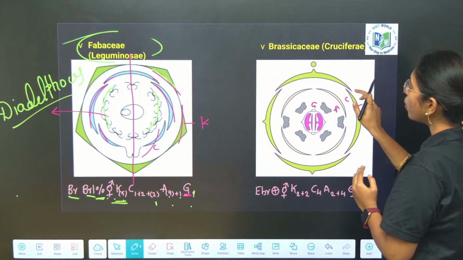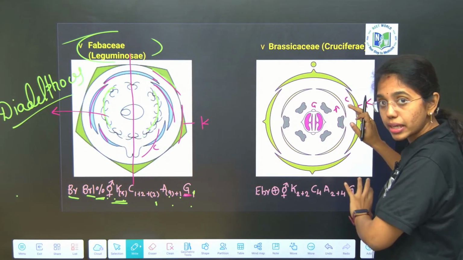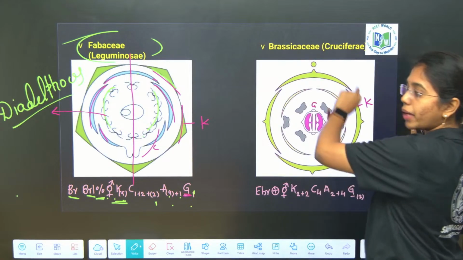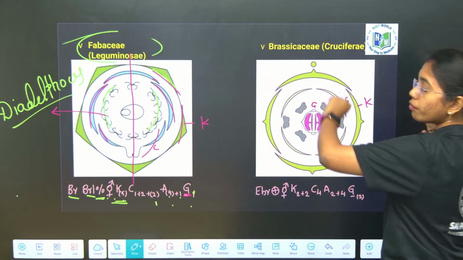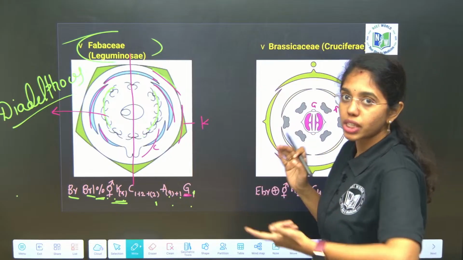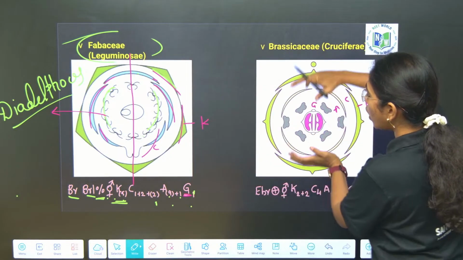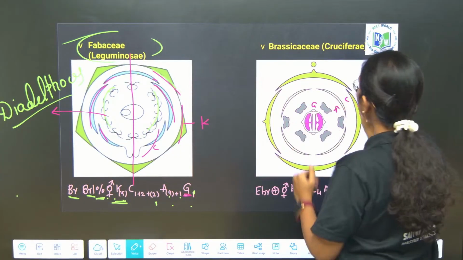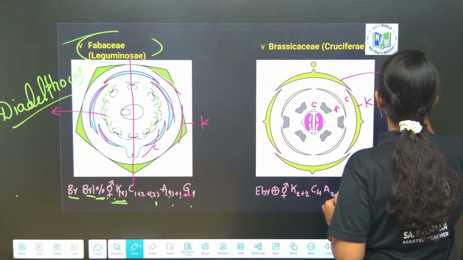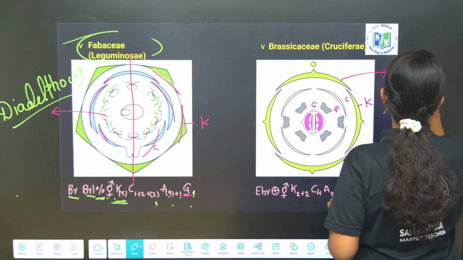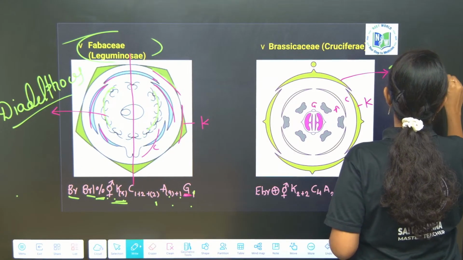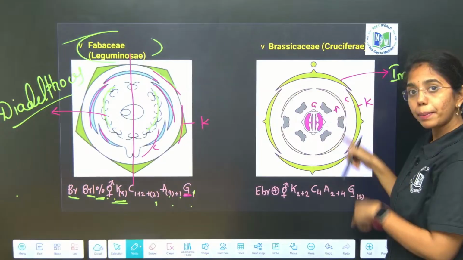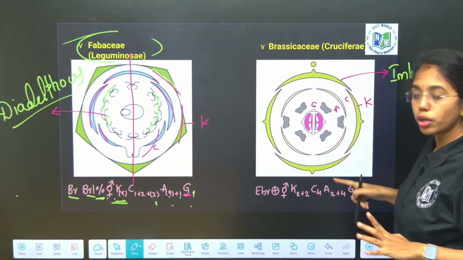Overlapping is present, but it is not in a uniform direction. When it is not in a uniform direction, you cannot call it twisted aestivation, right? So 2 sepals on the outer side completely overlap the other 2, and you will call this imbricate aestivation, where overlapping is there but not in a uniform direction.